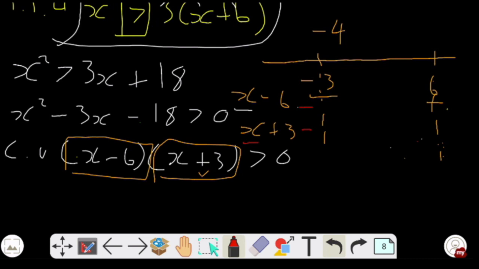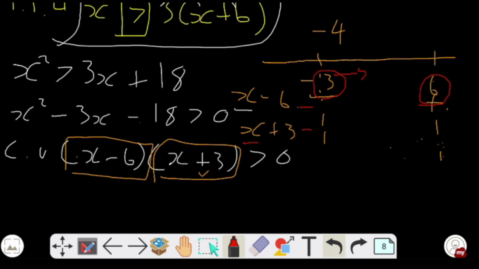And then we move on to our next critical value, which is 6. We can again take any number greater than negative 3. Let's say negative 2.